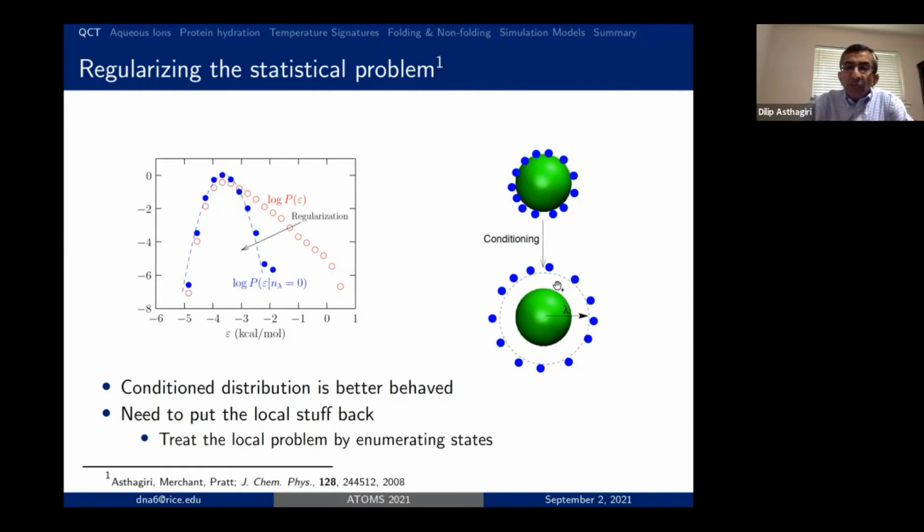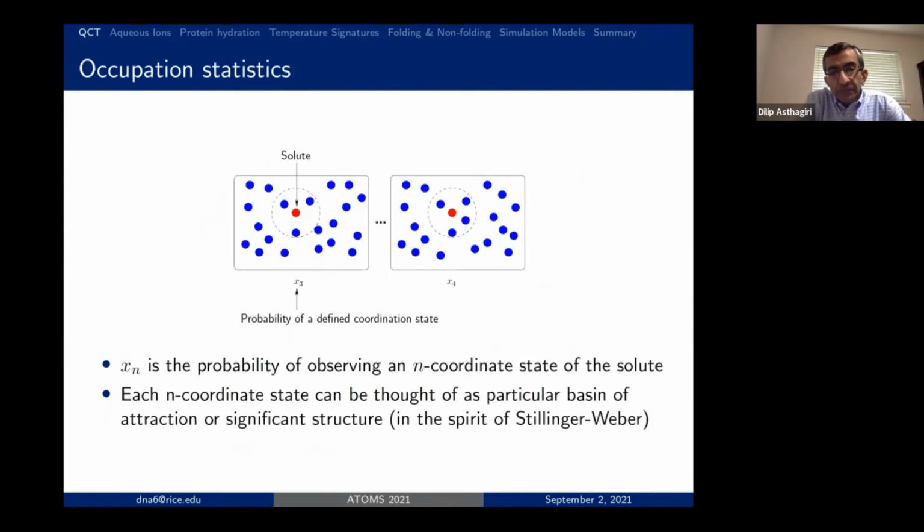What we now have to do is to enumerate what happened in the close contact when the solute was in close contact with the solvent particles. And we are going to treat the local problem, which is this local contact between the solute and solvent, by enumerating states. And here is how we do this.